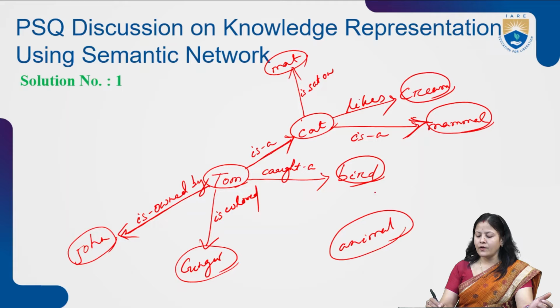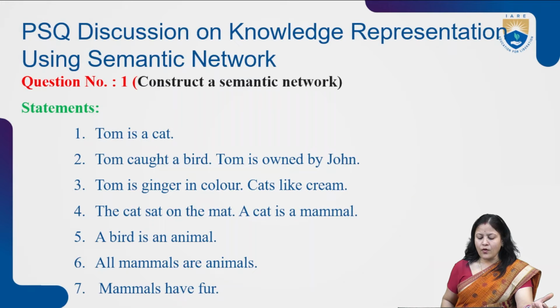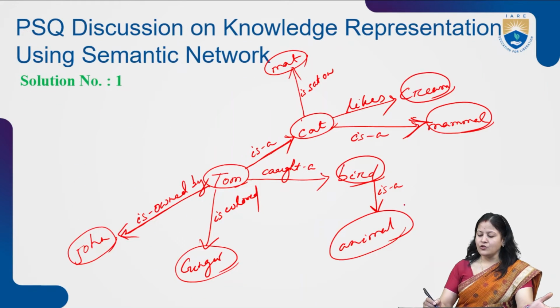Okay. So a bird is an animal, and it is given in the statement. No need of any grammatical thing. You can write bird is an animal, or else you can write is a. Now the sixth statement, all mammals are animals.